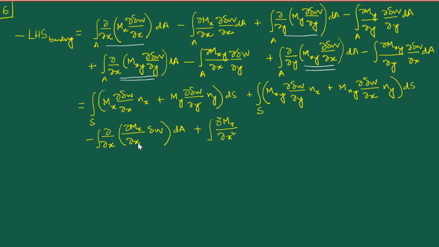So the extra term that we have introduced here is this ∂²Mx/∂x², which is exactly what I have written here. So we have just taken care of this term. Next, we are going to consider this one. These are all area integrations because we have not yet used the Green's theorem. We are just rewriting the terms.